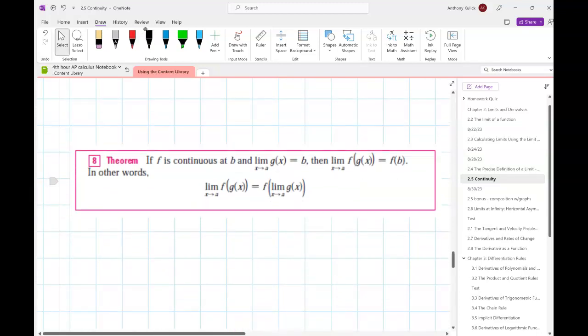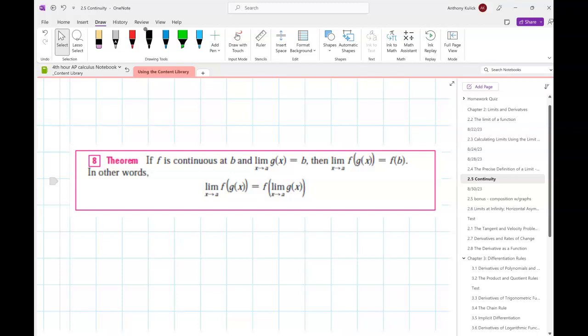Very useful theorem. If f is continuous at b, and the limit as x approaches a of g of x is b, then the limit as x approaches a of f of g of x is equal to f of b.